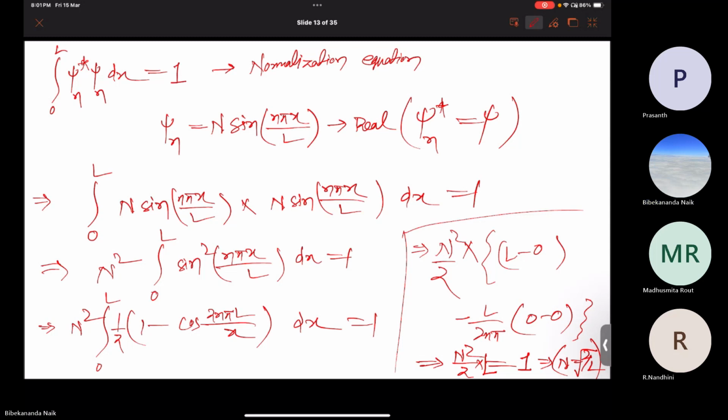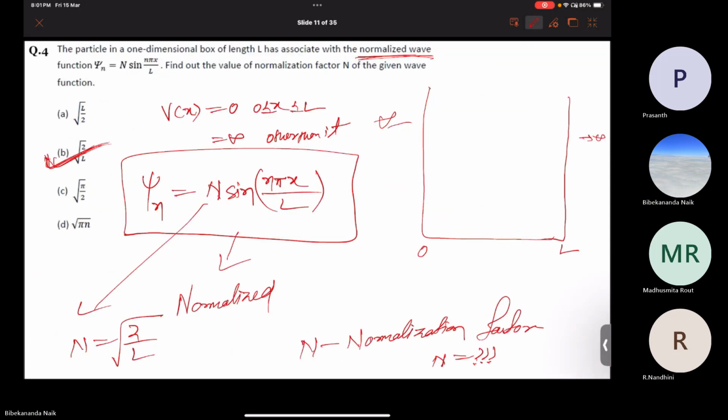Okay, so the question was: there is a system given. The system is basically a one-dimensional infinite potential box, and the wave function has the form psi n equals N sine(n pi x by L), where N is the normalization factor.